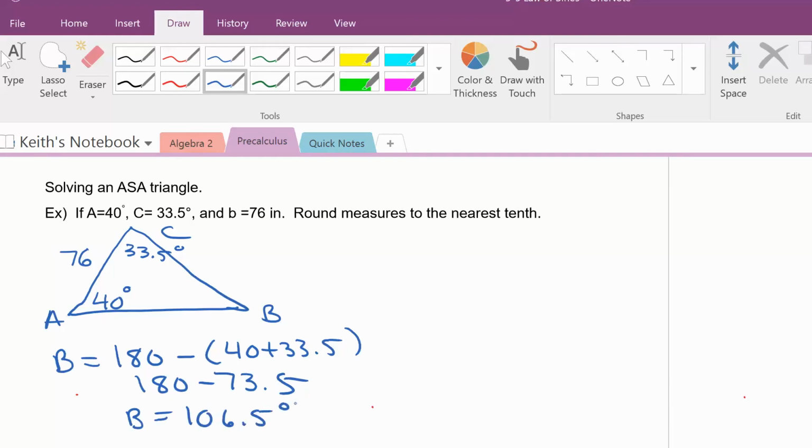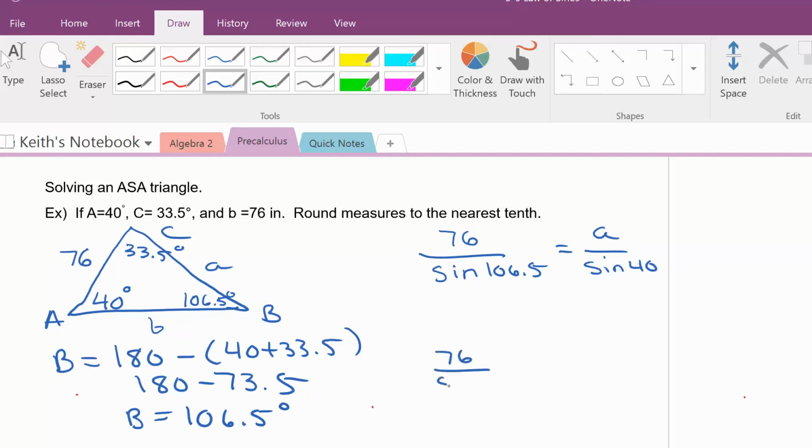Then to find the sides, we're going to use the law of sines. So we go 76 over sine 106.5 is equal to, if I wanted to find A, A over sine 40. And if I want to find C, or sorry, it would be 76 over sine 106.5 is equal to C over sine 33.5.